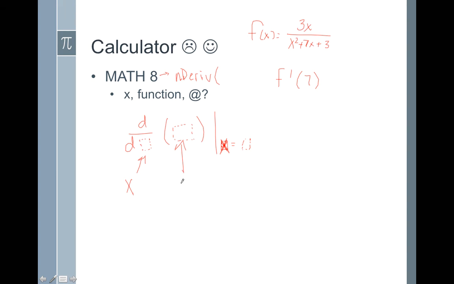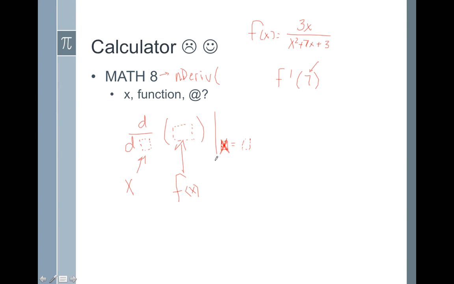This is your function. So I could type in this function. I might as well do it since I have my calculator here in front of me. 3x divided by x squared plus 7x plus 3. Oops. And you notice I haven't done anything with that 7.